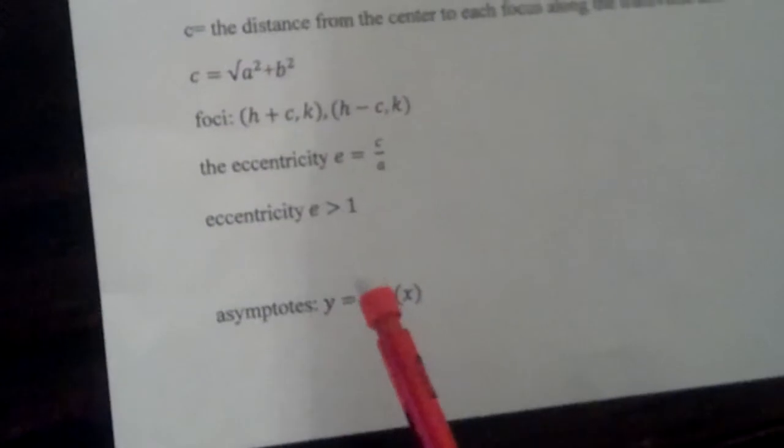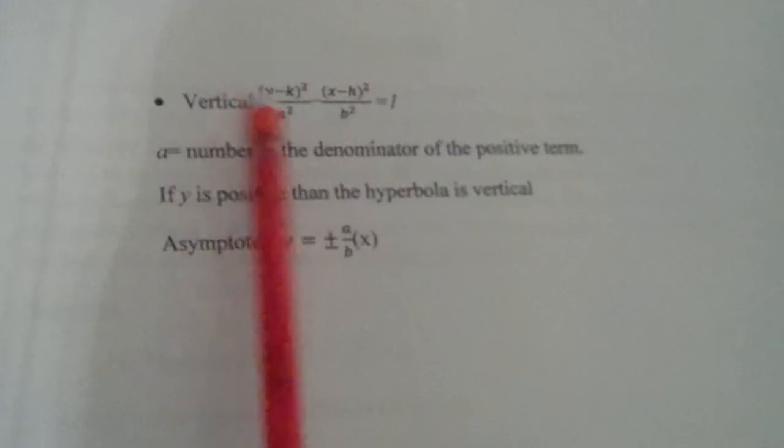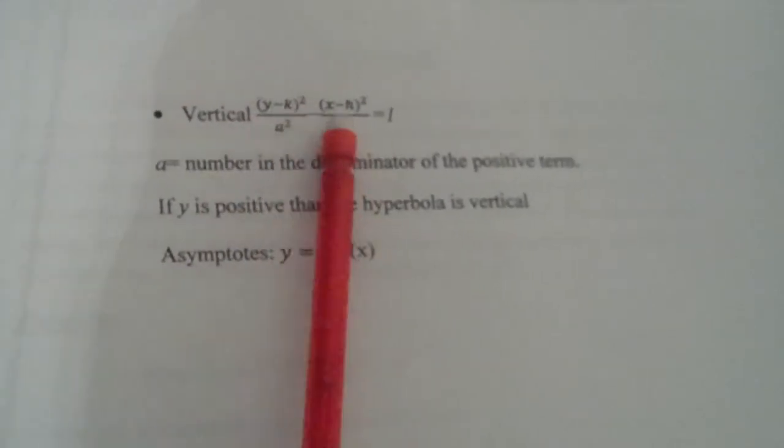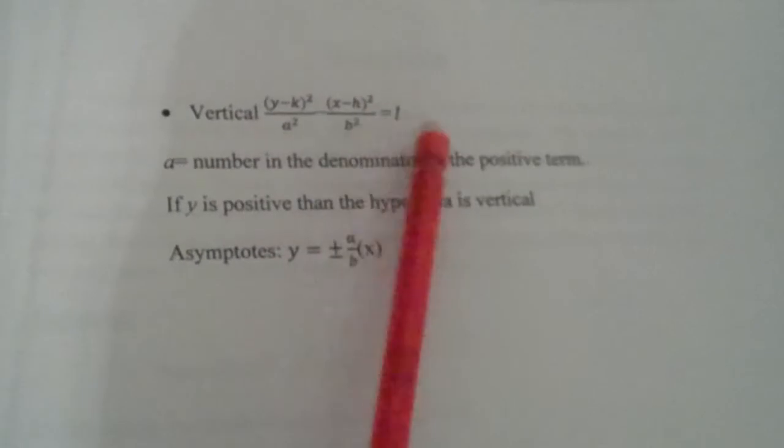The asymptote of a hyperbola whose transverse axis is horizontal is y equals plus or minus b over a x. For a hyperbola whose transverse axis is vertical, the formula is the quantity y minus k squared over a squared minus the quantity x minus h squared over b squared equals 1.